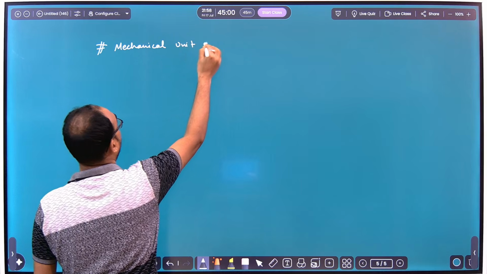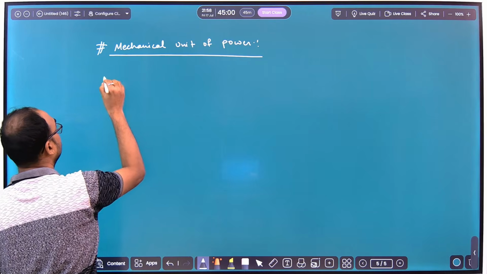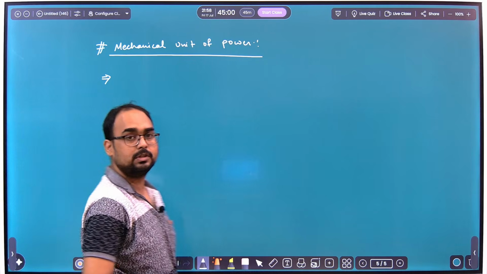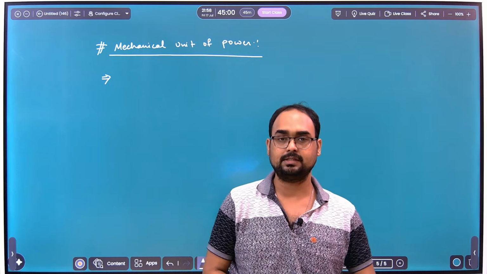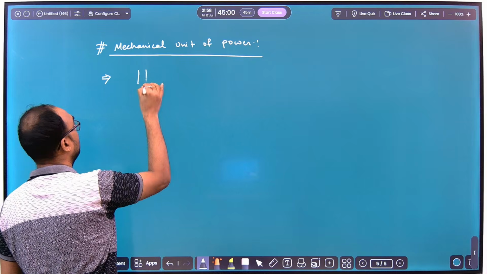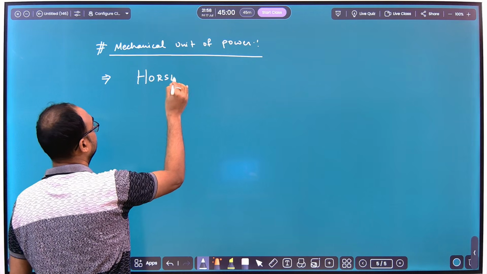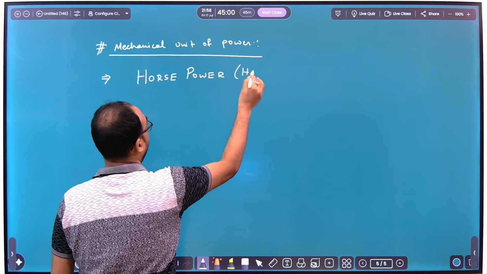Mechanical unit of power. There is a unit which is often used in engineering devices or engineering appliances, which is known as the horsepower, short form HP.